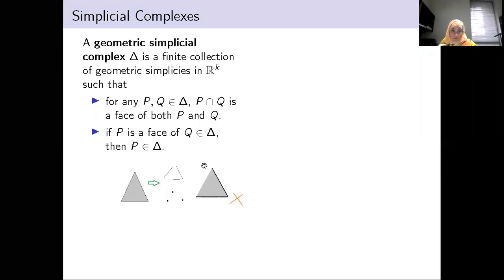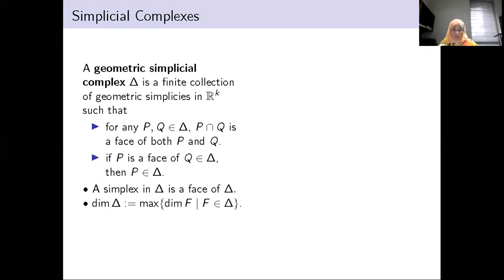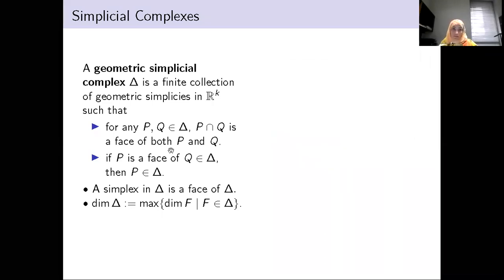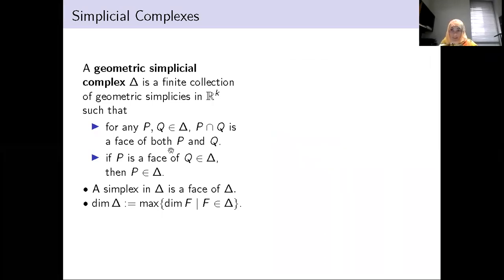But if you have this triangle but you are not including this edge, then this is not a simplicial complex. So this is the definition, and any simplex which is an element of it is actually called a face of the simplicial complex.